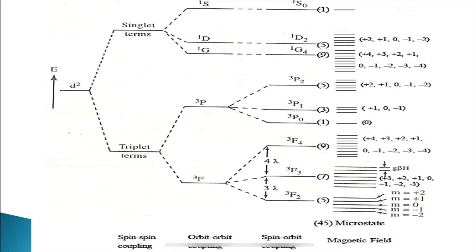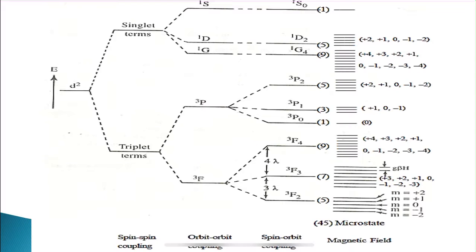So by calculating the orbital angular momentum and the spin angular momentum in terms of vectorial combination, we get different terms or term symbols for the same electrons. Okay.